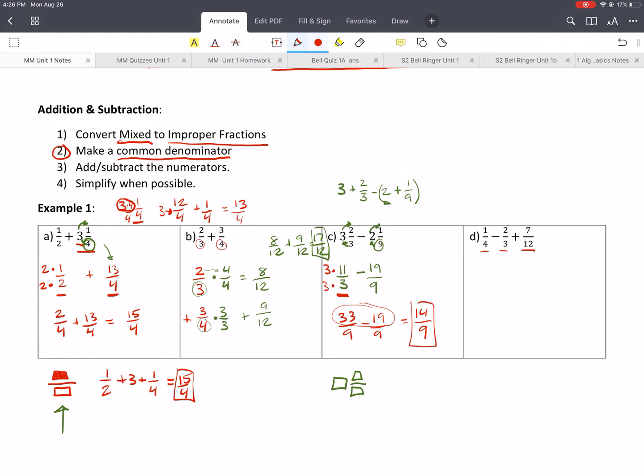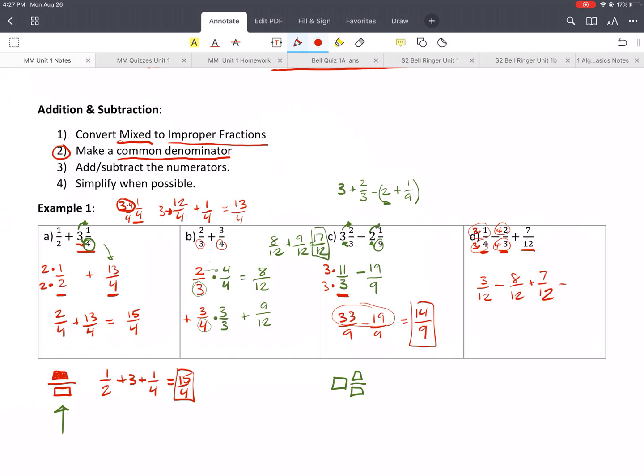So what can we do to 4 to make it be 12? Well, we could multiply it by 3, top and bottom. And what can we multiply 3 by to give us 12? Well, we could multiply 4 top and bottom. Okay, so if we did that, here we'd get 3/12. So 3 over 12 minus 8 over 12 plus 7 over 12.